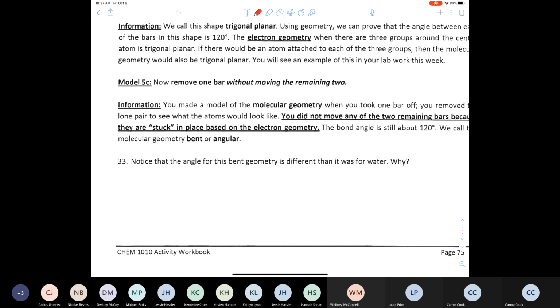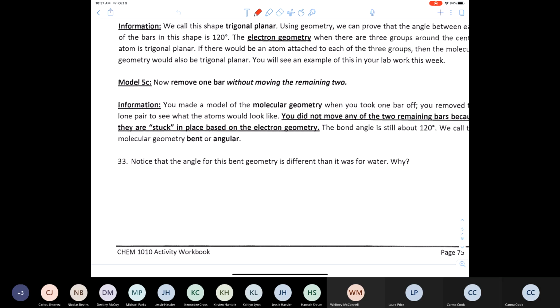I don't want you to just ask me the question and I give you the answer. I want you to look at all the data and compare the ozone data to water. How many total electron groups does water have versus how many total electron groups ozone has? If there's a difference in the total number of electron groups, that could account for the difference in the bond angles.